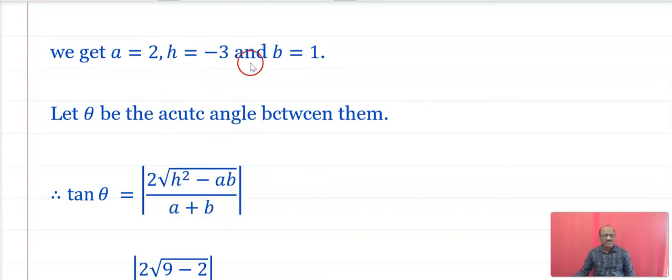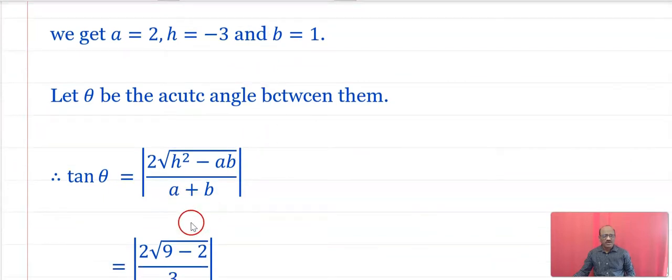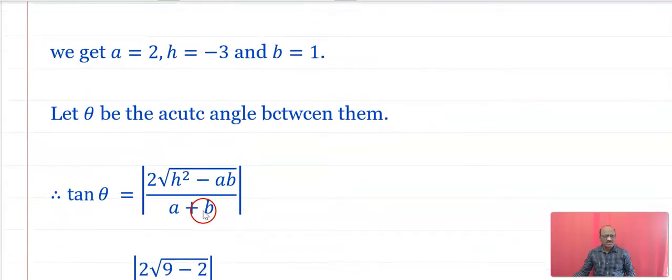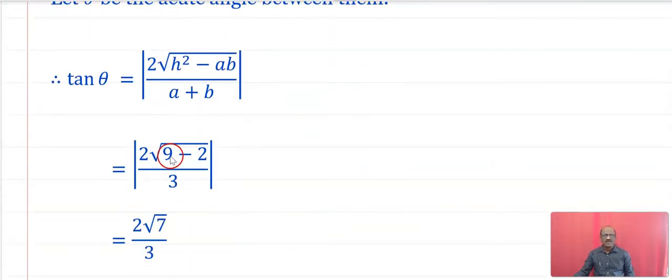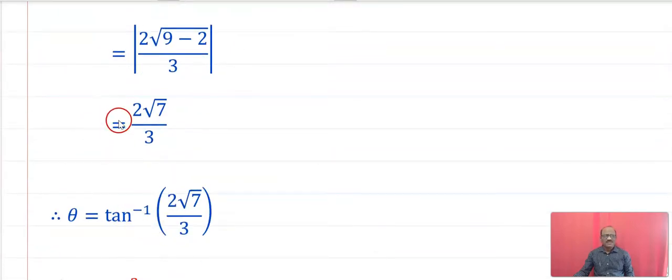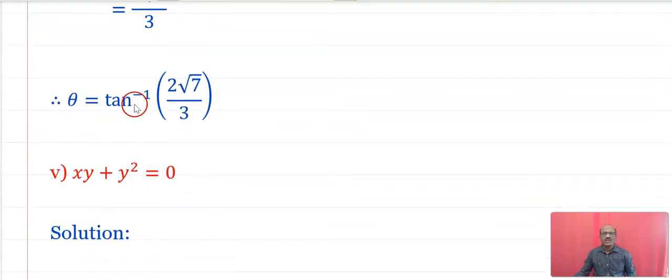Substitute the values of h, a and b. That is 2 into root of 9 minus 2. H square means what? 3 square. A and b both are 2 into 1, that is 2. Therefore, if we simplify this, 9 minus 2, that is 7. That is 2 root of 7 upon 3. Therefore, tan theta is equal to 2 root of 7 upon 3. It means that theta is equal to tan inverse of 2 root 7 upon 3.